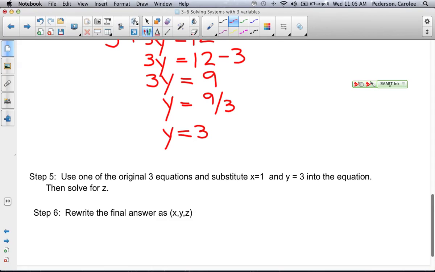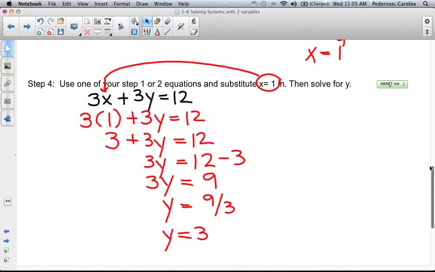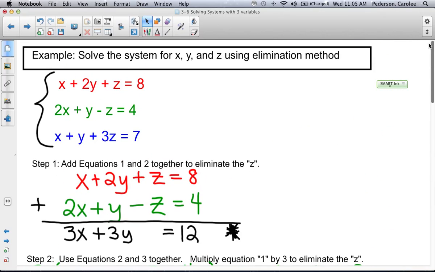Step 5 now is to use one of the original 3 equations, either that red, green, or blue one, substitute x in for 1, y in for 3, and solve for that last variable of z. So here is my original system.